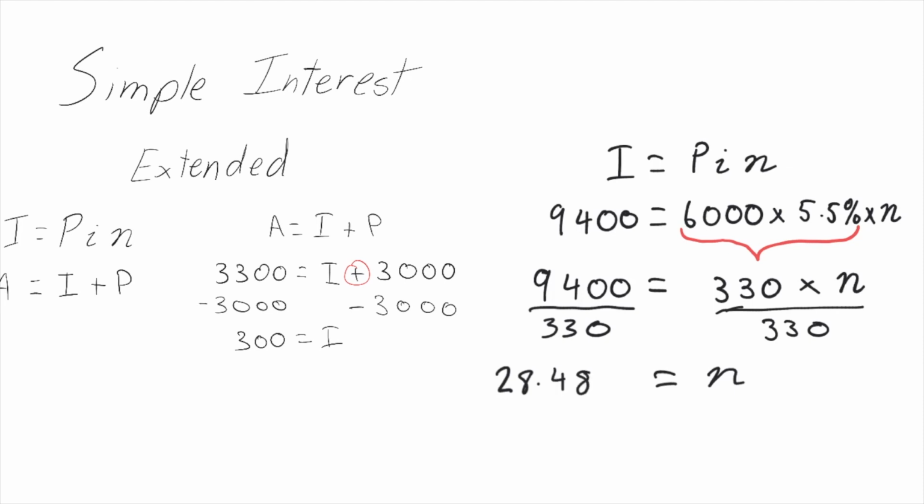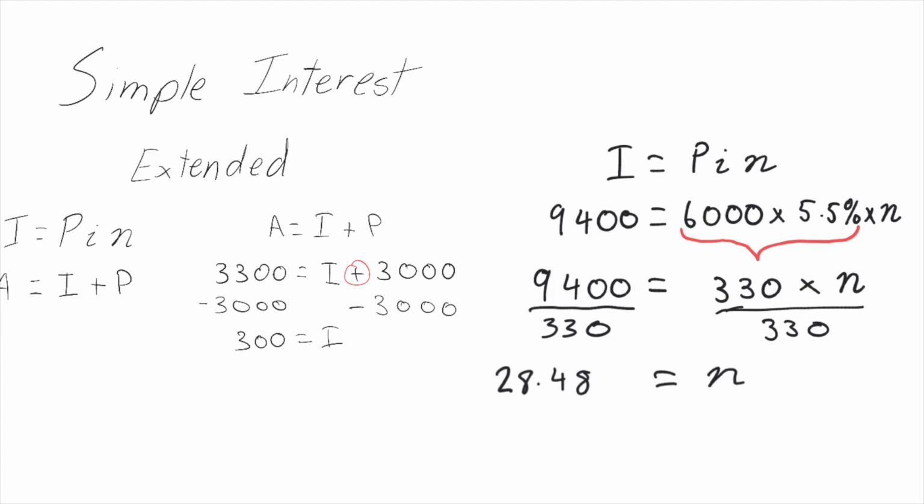And this is the term of our loan. So if we have a 28.5-year loan, for $6,000, paying 5.5% interest every single year, we're going to have paid back $9,400.